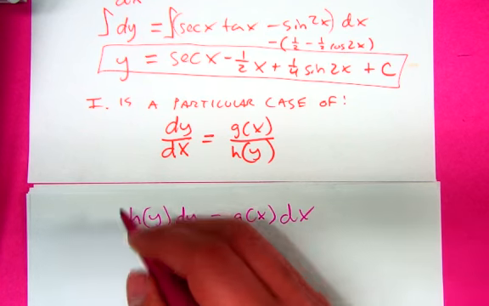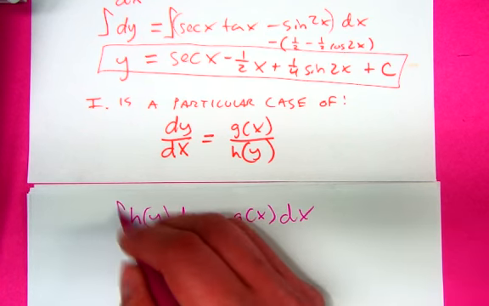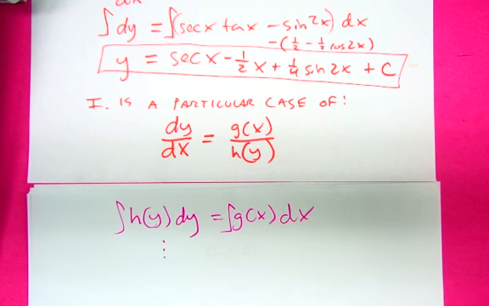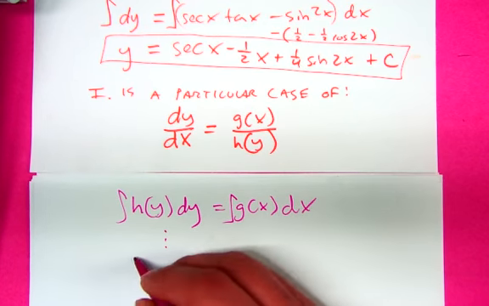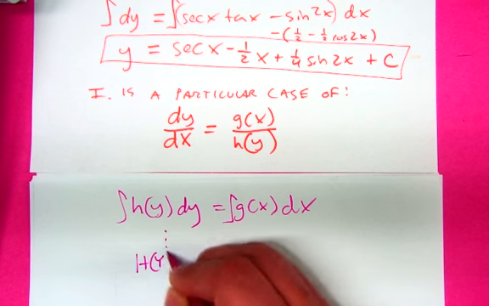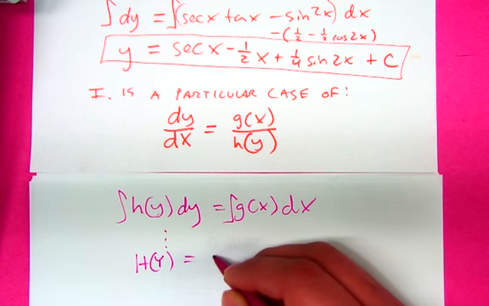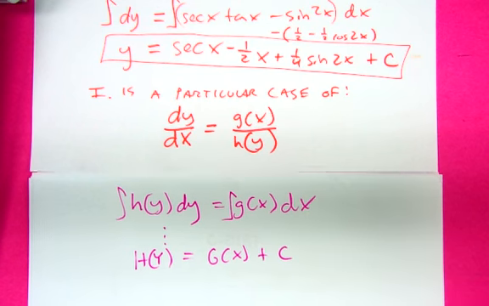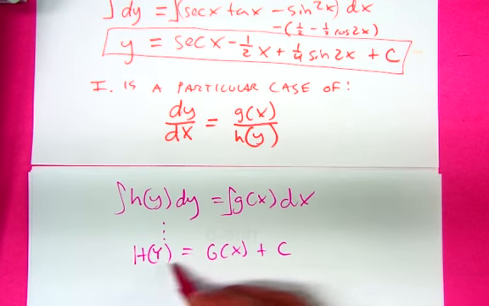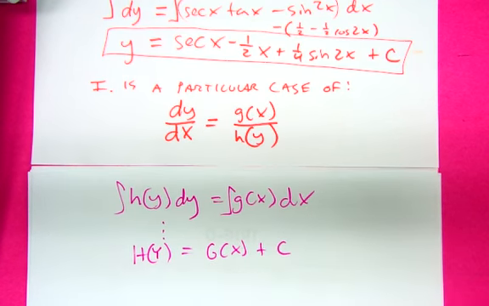And then you integrate both sides and go from there. Can you just have a constant on one side? Yes. So maybe capital H of y equals capital G of x plus C. Again, capitals mean antiderivatives.